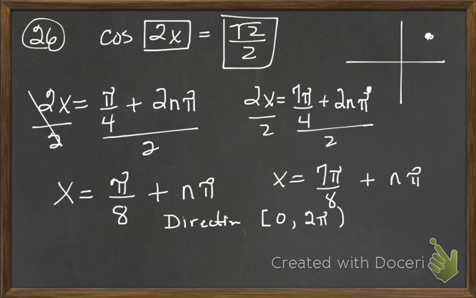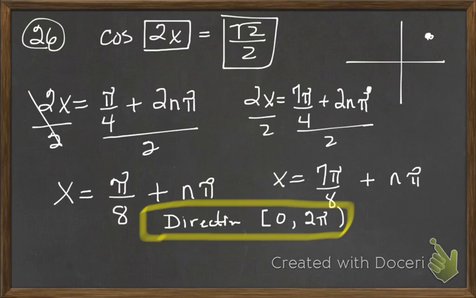So start with your pi over 8. Okay? So we know pi over 8 is a solution. And then plus n pi means add 1 pi to that. So what's pi over 8 plus 1 pi? Start with 1 pi. That would be 9 pi over 8.